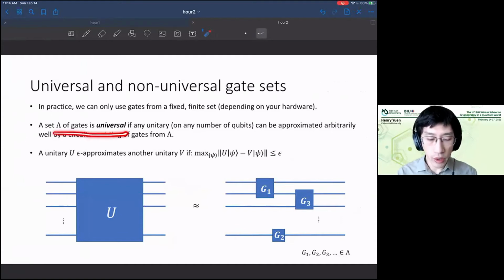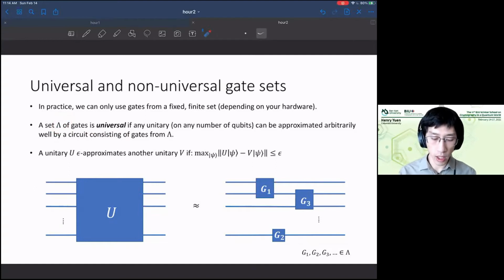A universal gate set is one where just by using gates from this set lambda, you can approximate arbitrarily well any unitary you like. So this set lambda is a universal one.